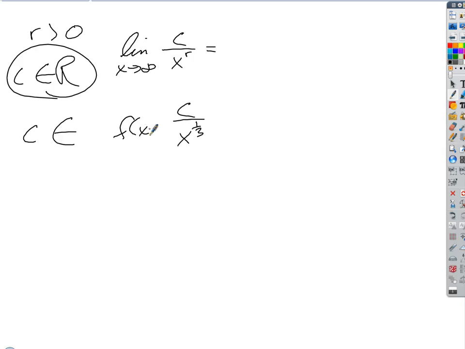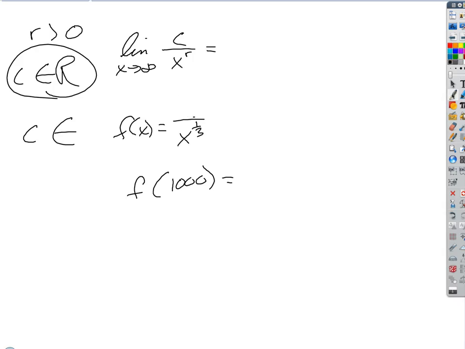Let's just say that's f of x. Well, then f of 1,000 is just equal to, and let's make c, you pick, I don't know, 42. We could even make it something big if we want to, like 37.